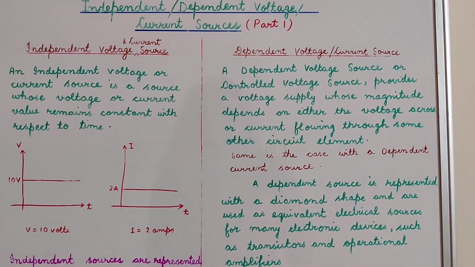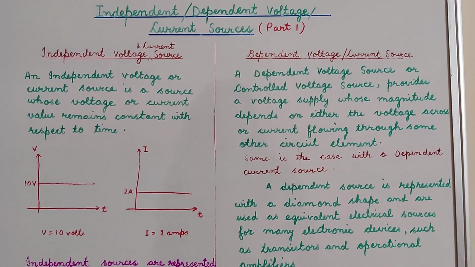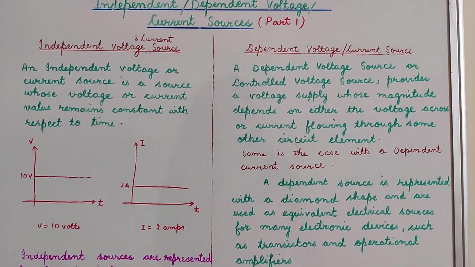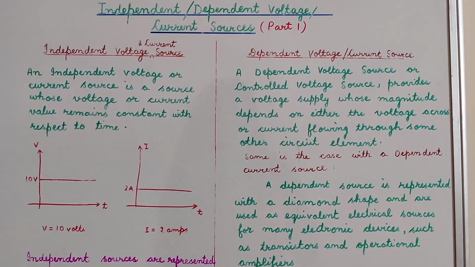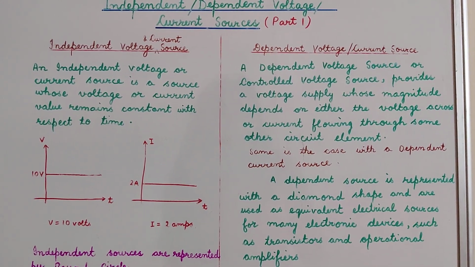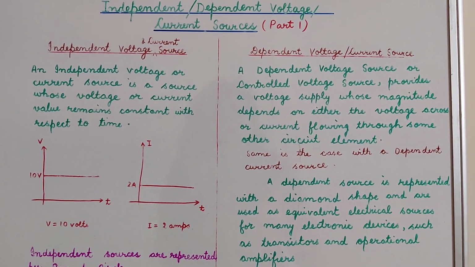That is, we can say that a dependent voltage source is a source whose magnitude will depend on the value of the voltage or current in some other parts of the circuit.